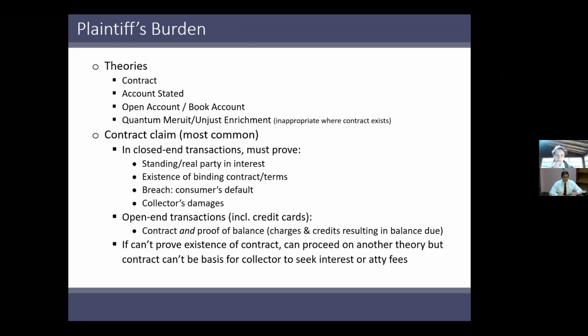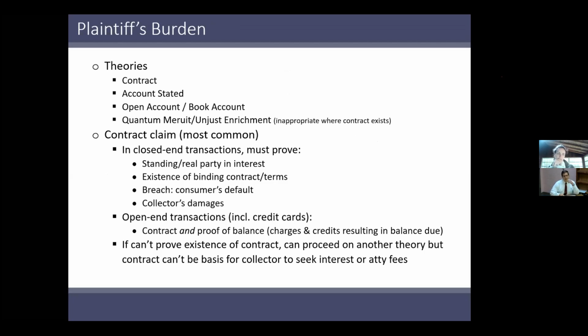So this is the plaintiff's burden. These are the types of cases they often bring. The most common are normal contract cases, and then the ones I see along with those are account stated theories. That's usually when they don't have a contract because they don't have any documents. It's kind of a good tell that they didn't get everything when they bought the debt.